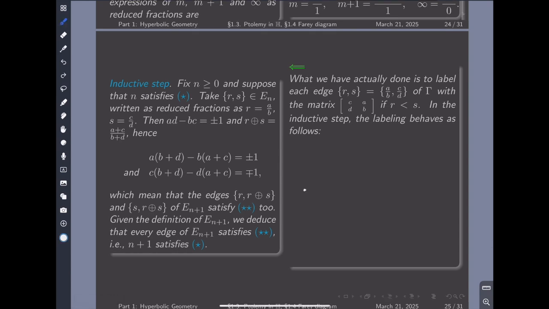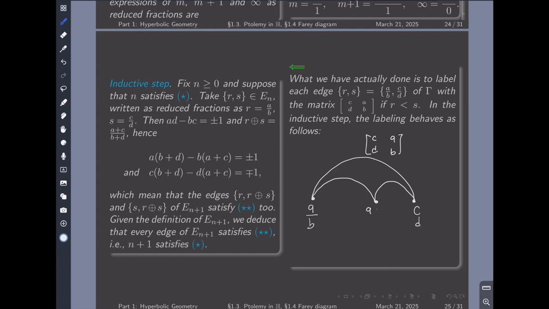So the picture becomes that in the inductive step we had A, B, C, D, and this was the given adjacency, which we label with C, D, A, B. Then the new adjacency in the inductive step is the naive sum, a point somewhere in between with the new two edges.